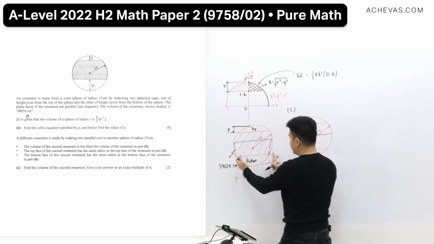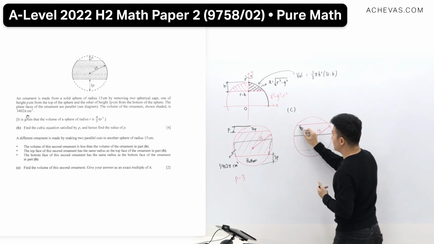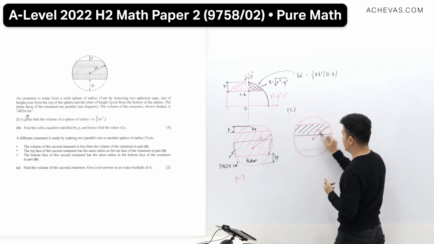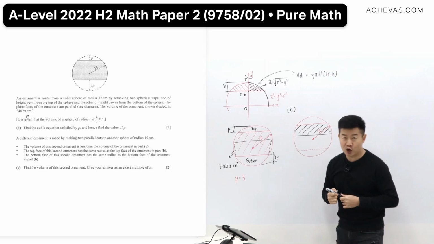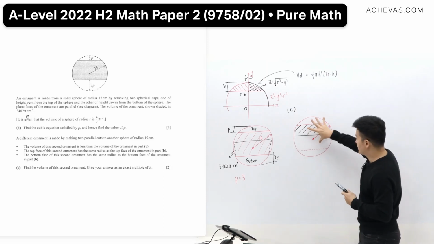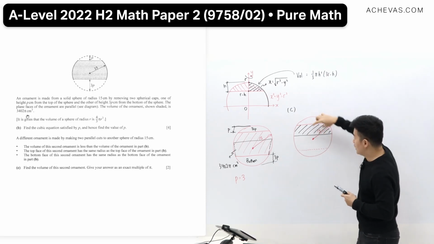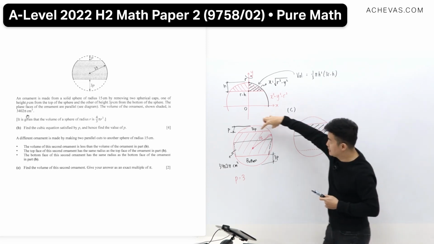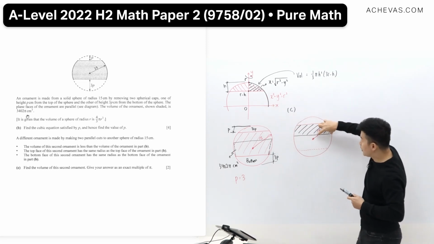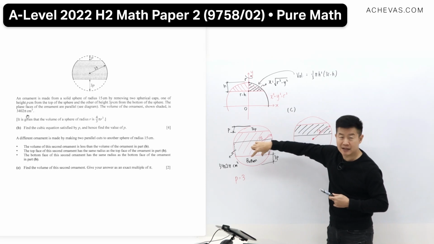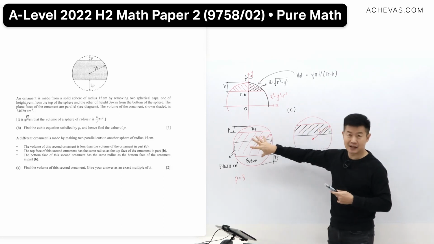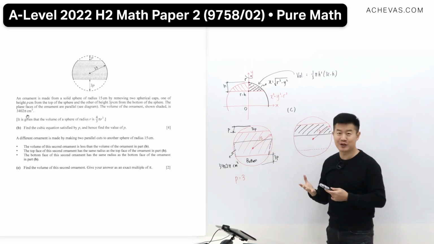So the radius is supposed to be the same. Then I will have a second ornament from a sphere with radius 15, with the radius of the top cap the same as this, and the radius of the bottom cap the same as this, and the volume is less than this. This is what the question is saying.